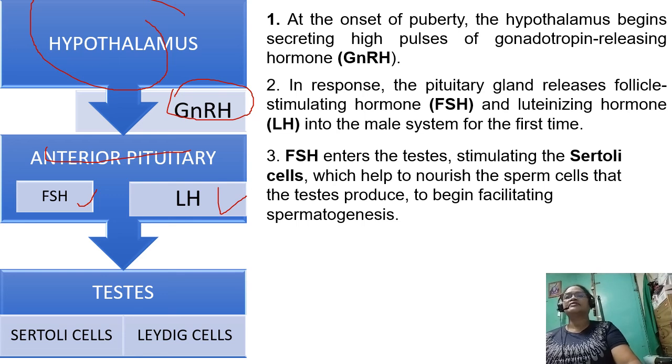This FSH, or follicle stimulating hormone, enters the testis, stimulating the Sertoli cells, which help to nourish the sperm cells that the testis produces, to begin facilitating spermatogenesis.